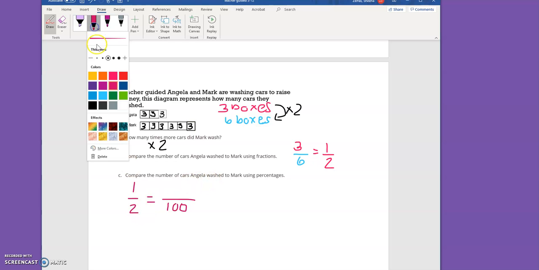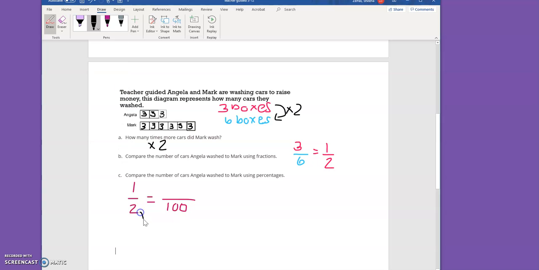What did I multiply 2 by to get the denominator of 100? 2 times 50. And so that's 50 out of 100. Making sure we answer the question in the form it's asking, as a percentage, it is 50%.